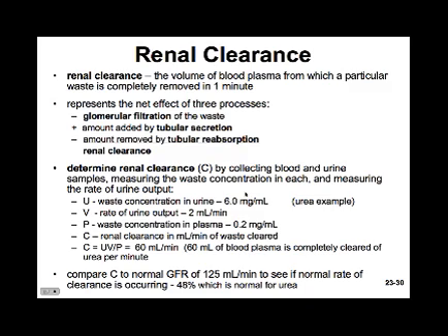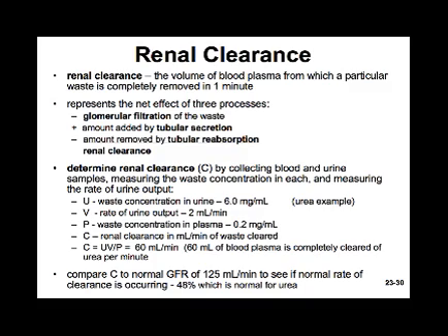So let's say the urine waste concentration was 6 milligrams per milliliter, and in the plasma it was 2 milligrams per milliliter, and the rate of urine output is on average about 2 milliliters per minute. So we can take U multiplied by V, the waste concentration in the urine times the rate of urine output, which is going to give us milligrams per minute that we're producing.